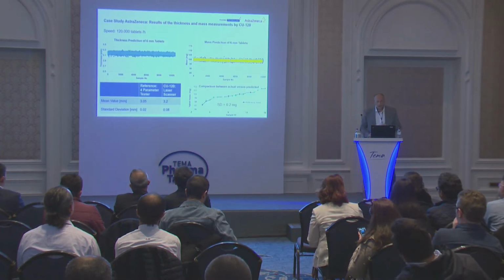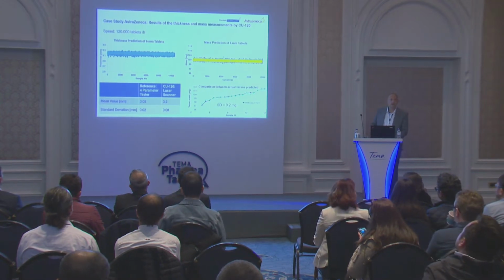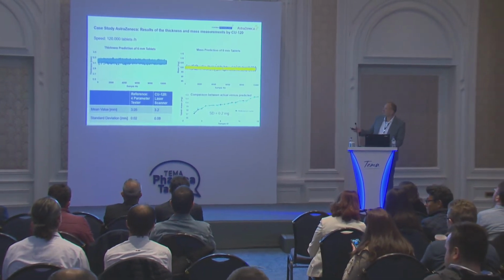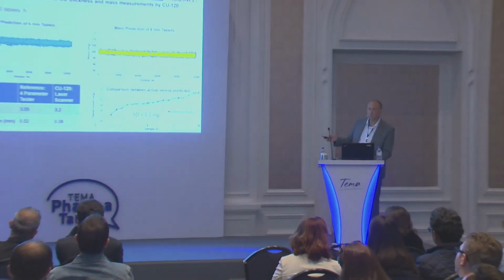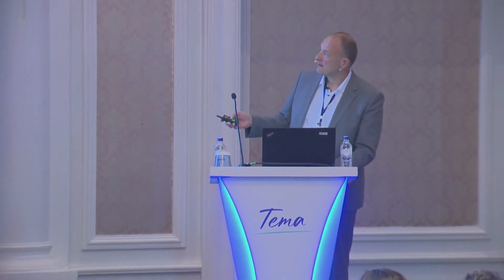Let's go to the first results. So what we applied here is a test, a long-term run with a maximum speed in the CU120 with 120,000 tablets an hour. Here you see the tablet prediction of the 6mm tablets in terms of the tablet thickness. So you can see here, this is the reference with the 4-parameter tester, and this is the result from the laser scanner.